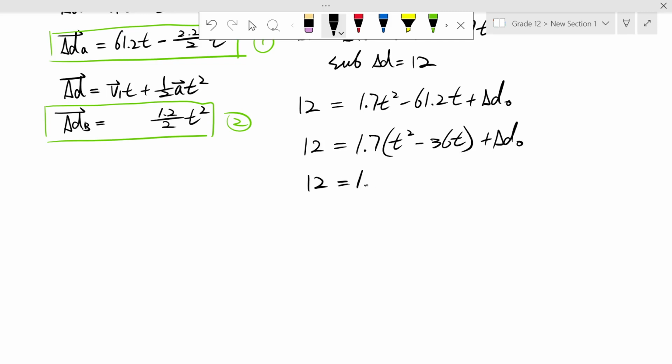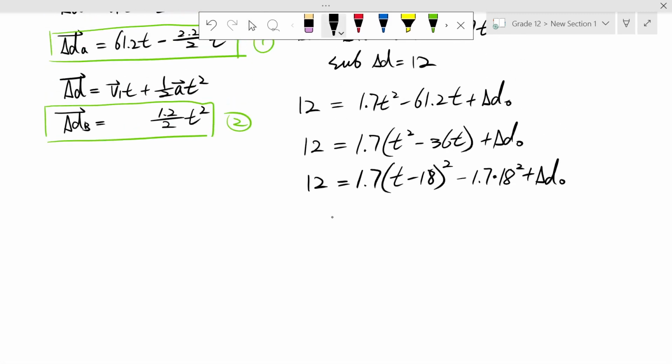That will equal 1.7 times this squared. Then what do I take out? 1.7 multiplied by, what was the number I was looking for? 18 squared plus delta d0.